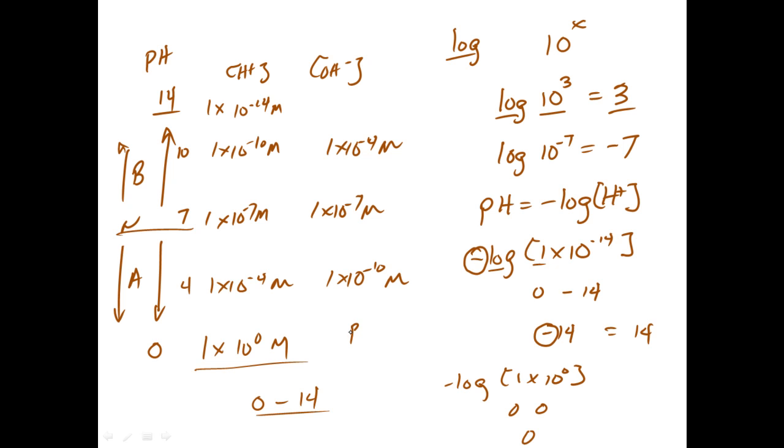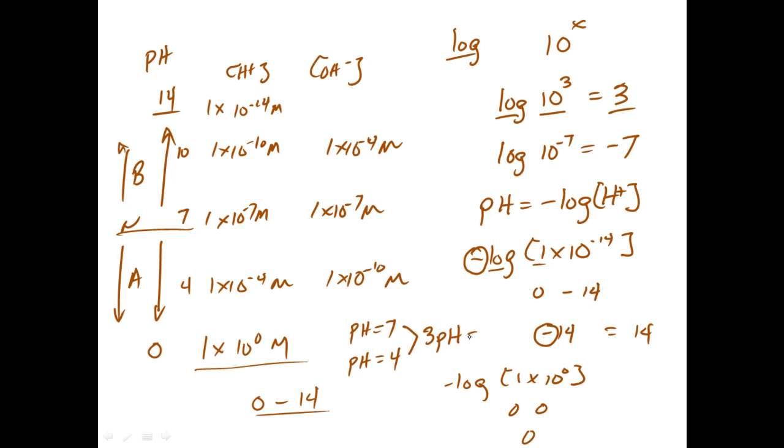If the pH of the water you're drinking is 7 and the pH of the coffee you're drinking is 4, how much more acidic is coffee than water? Most people don't understand this. But if you look at this, you know that it's 3 pH units. 3 pH units means 3 factors of 10.